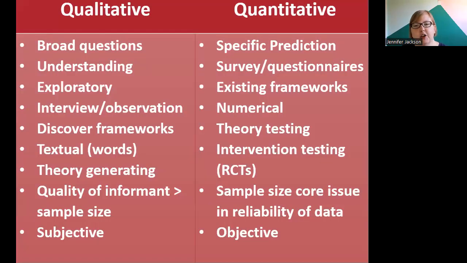Qualitative and quantitative are two broad categories that have different approaches to understanding research. With quantitative research, statistics are involved. That's one of the main differentiating factors: statistical analysis is included. It tends to be deductive.